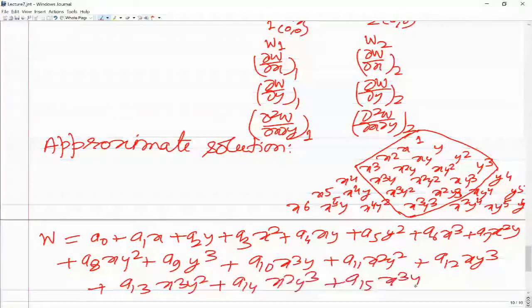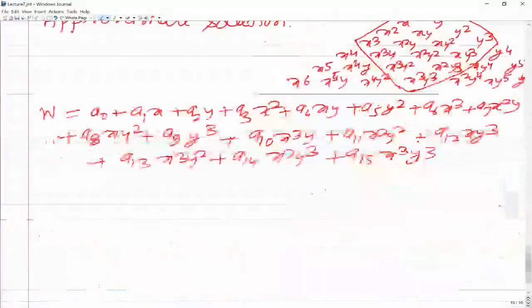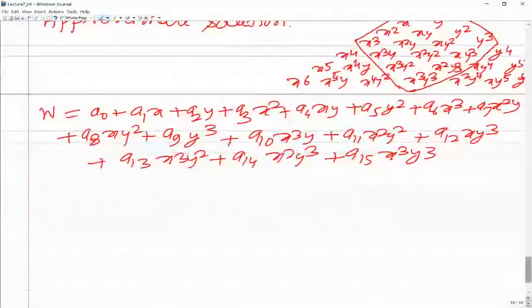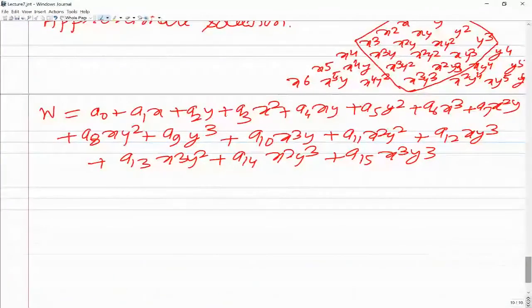It has 16 terms corresponding to the 16 elemental degrees of freedom. At each node we have w, del w by del x, del w by del y, and del 2 w by del x del y. Now we want to check the compatibility.